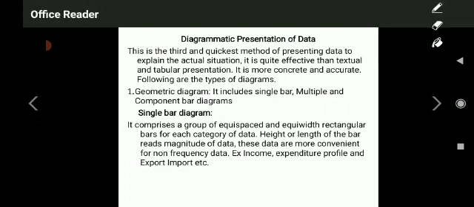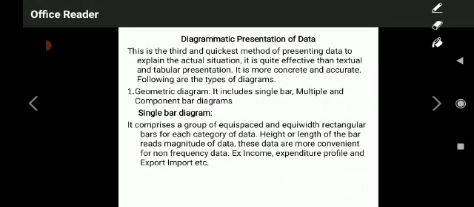Diagrammatic presentation of data is the third and quickest method of presenting data to explain the actual situation. If we are going to explain any actual situation in a data format, it is very easy to present that situation with the help of diagrams.